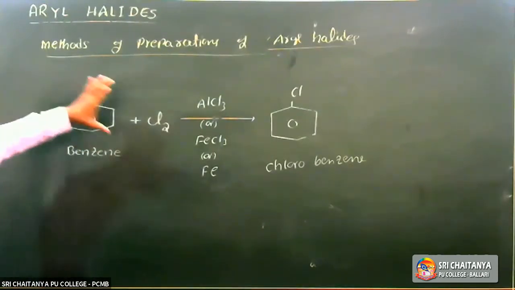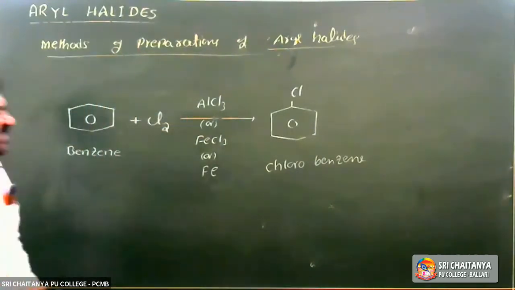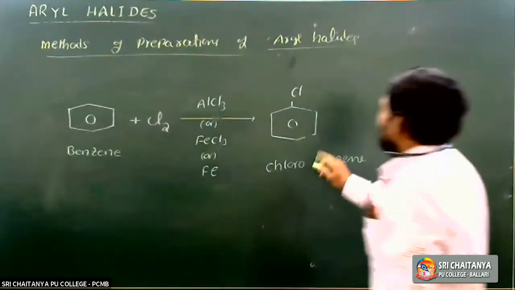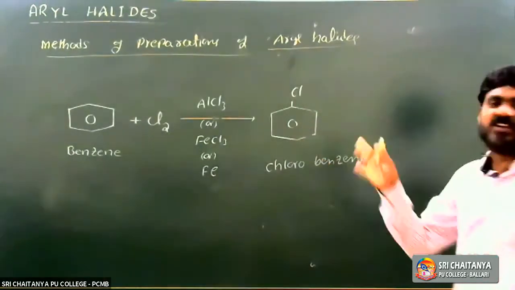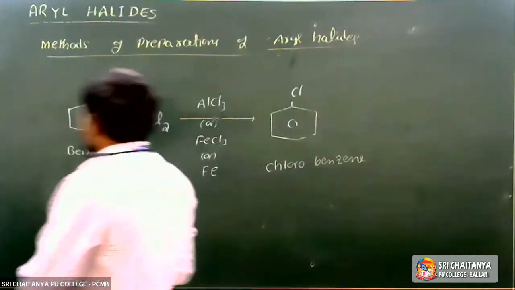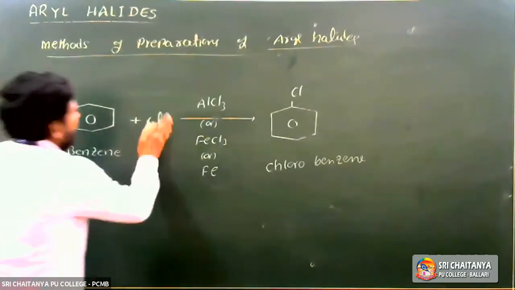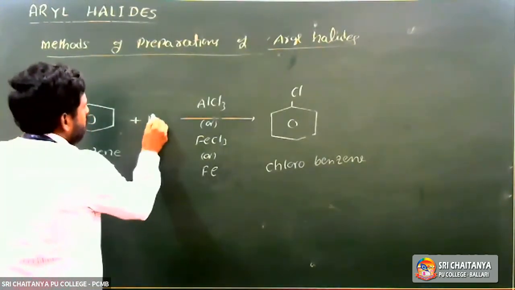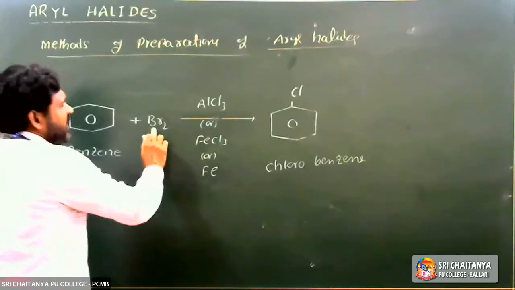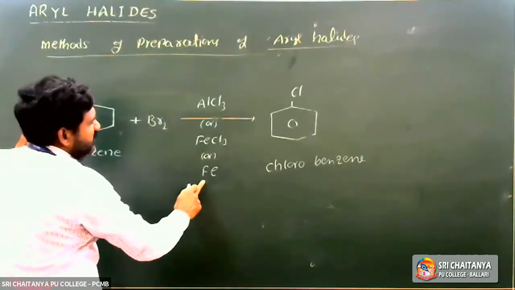Benzene is treated with either chlorine or bromine in the presence of halogen carriers, and it gives chlorobenzene. It is an electrophilic substitution reaction, the property of benzene. If we use bromine, bromobenzene is obtained, and here AlBr3, FeBr3 or iron powder is used.